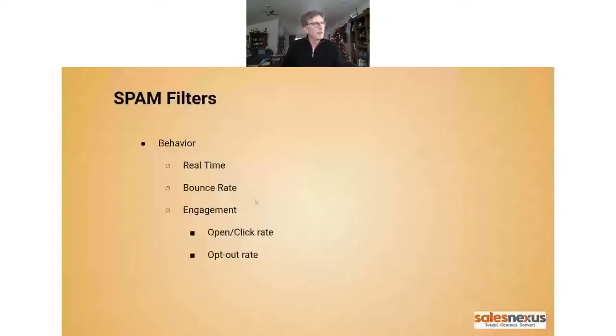Okay. They're using AI to see how people are interacting with your emails in real time. So as your email blast is going out, you've got thousands of emails going out tomorrow morning.